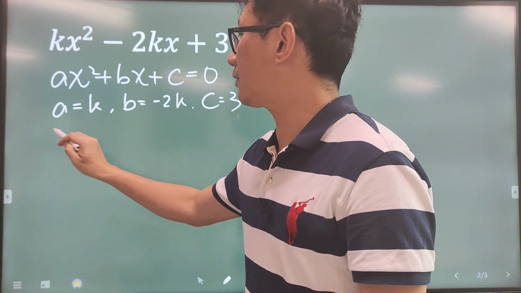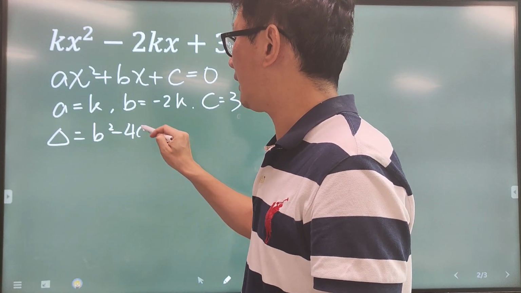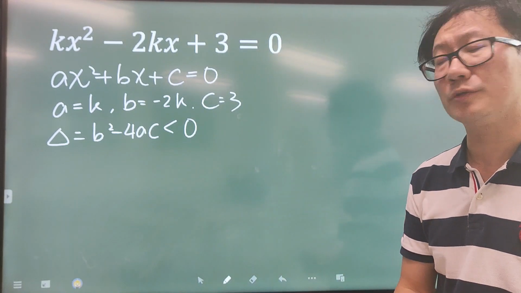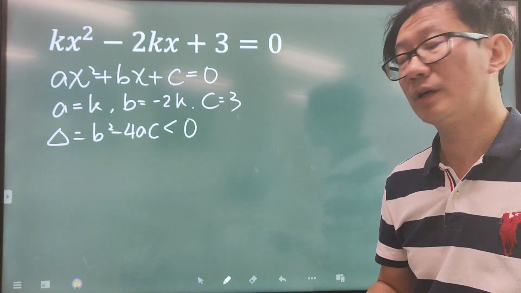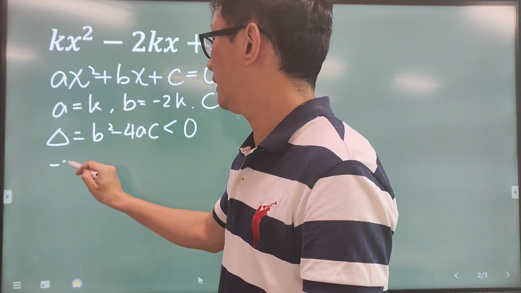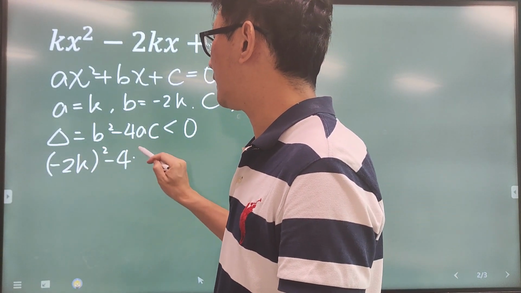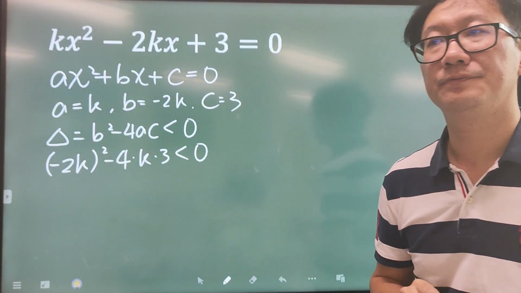So, the discriminant b squared minus 4ac must be less than 0 because it has no real root. Alright, let's substitute a, b, and c into our discriminant here. So negative 2k squared minus 4 times k times 3 is less than 0.